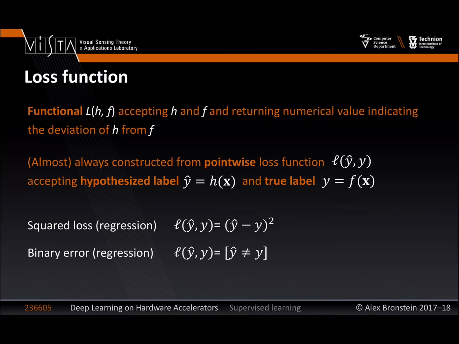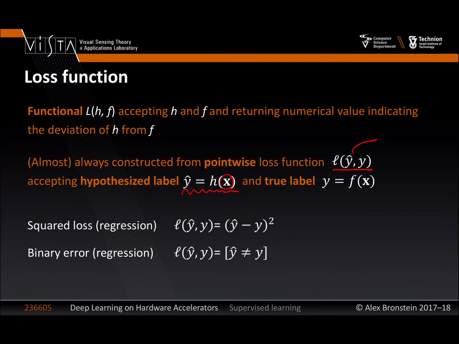Now, in almost every imaginable case, it is very convenient to construct that loss from pointwise loss functions. So basically, I will define lowercase l that receives y hat. Y hat is the inferred label given an instance x. Okay, so if you have a model that you call h, you have a hypothesis, you selected some function h.